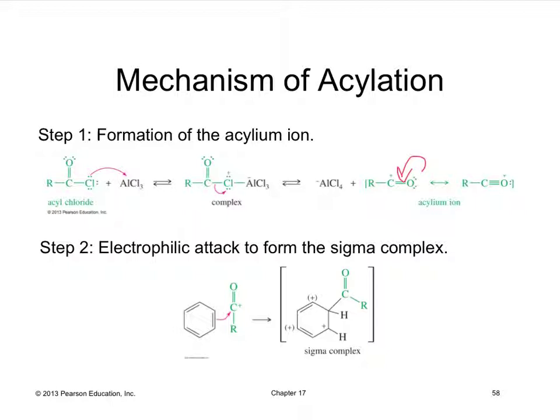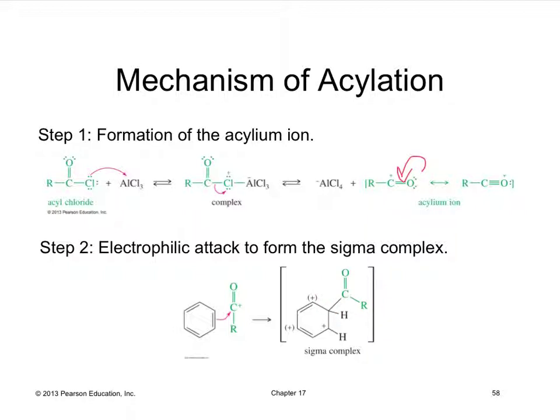Then you have electrophilic attack from your benzene, and this is a shorthand version of the resonance structures, but you're going to want to show it out in your exams.